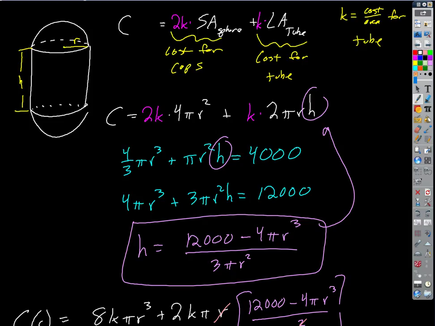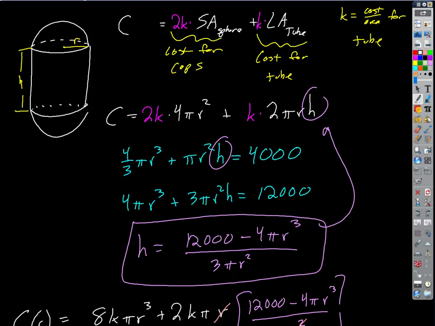So what's the smallest that r could become? Zero. I mean, if r became 0, what would that do to the height? It would become infinitely big. So we know that it probably can't actually be 0, but it could approach 0, right?